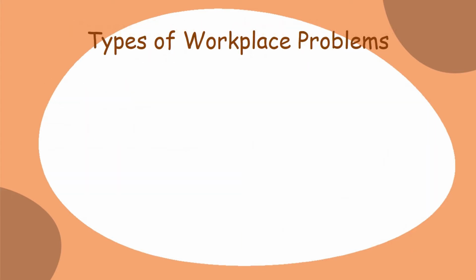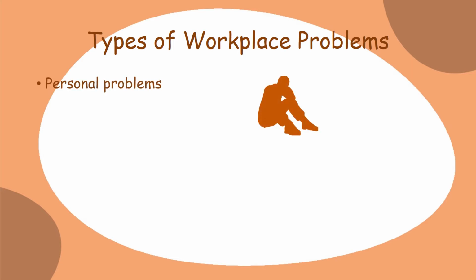There are several different types of problems that can occur in the workplace. We will focus on personal problems, problems with coworkers, and workplace problems. Types of personal problems may include things like childcare issues, transportation issues, being sick, schedule conflicts, problems due to the lack of language or hygiene.